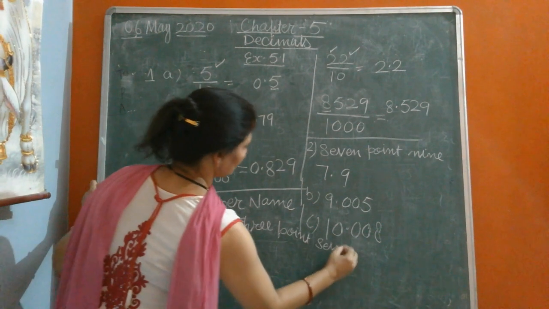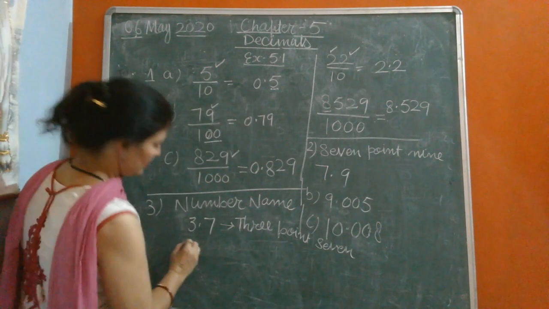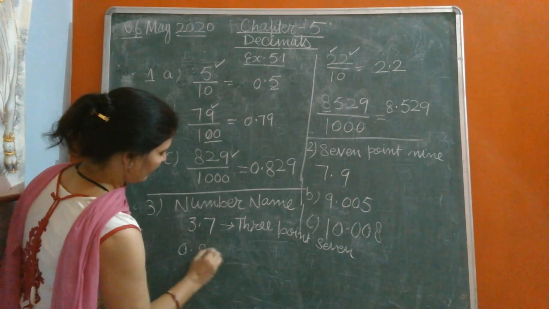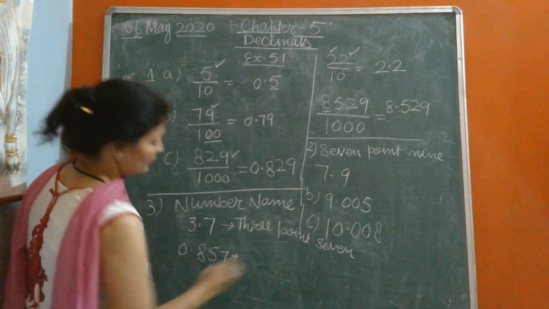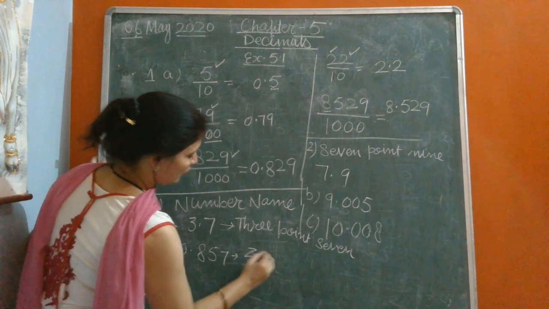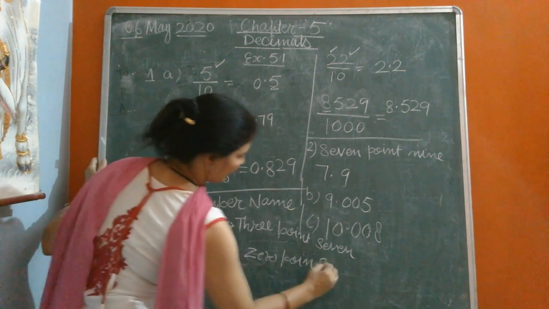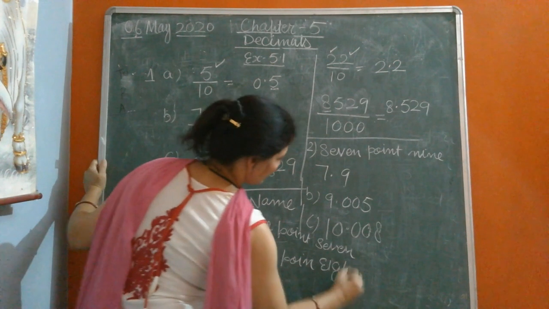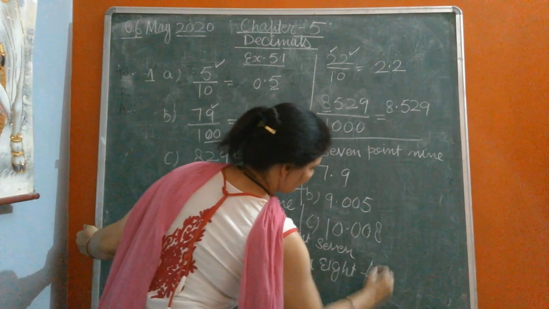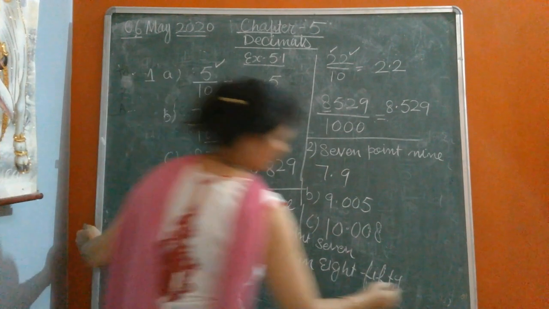Next is 0.857. We can write it as 0.857.